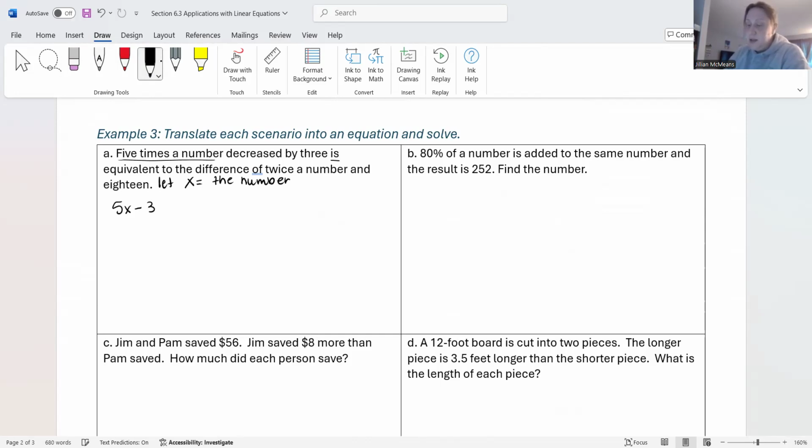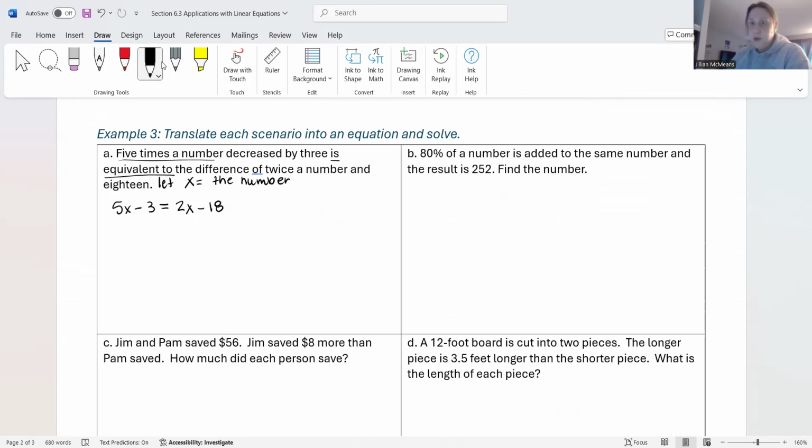And then that is equivalent to, that would be my equals. It is equivalent to the difference of twice a number and 18. So we want to subtract twice a number. So 2 times that same number. And then we want to subtract from that 18. So what we have is 5 times a number, x, decreased by 3 is equivalent to the difference, that just means subtract.